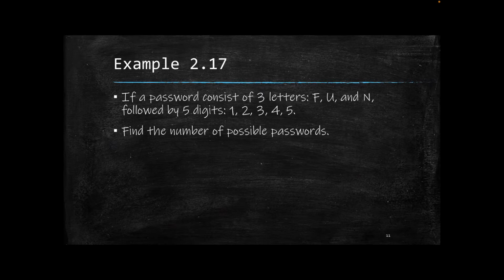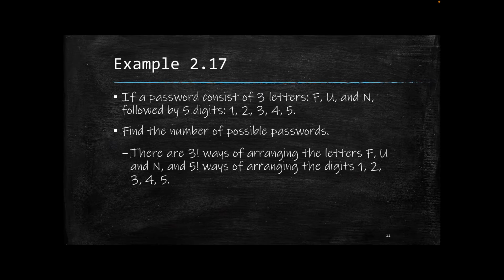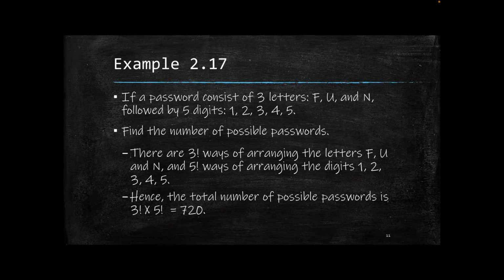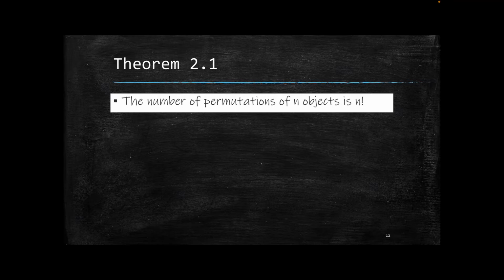There are 3 factorial ways for the letters and 5 factorial ways of arranging the digits 1 to 5. Multiplying 3 factorial with 5 factorial, you'll get 720 ways.